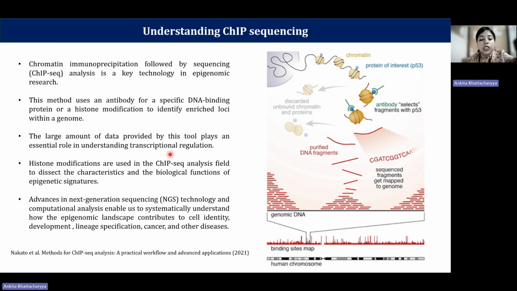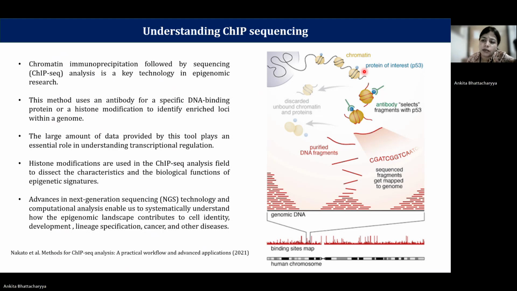So, just a quick recap, if you look at this example, here you have your representative chromatin onto which your protein of interest is bound. In this case, that protein of interest is p53, and you use an antibody which is able to bind to p53 and recognize some motif on it. And what you want is to shear your chromatin so as to generate smaller fragments which take up majorly the nucleosome and a couple of bases extending from the nucleosome, which shows you that this is the site where the protein is expected to bind.